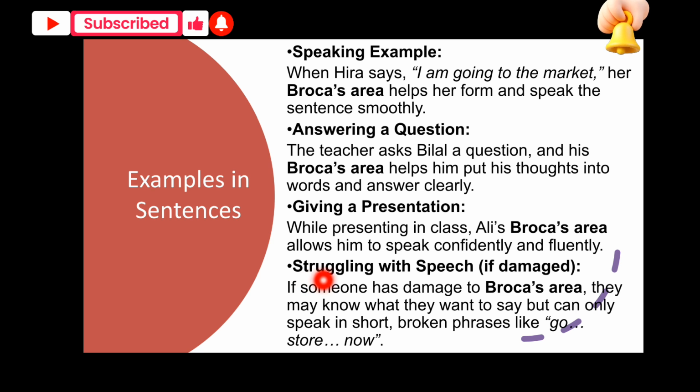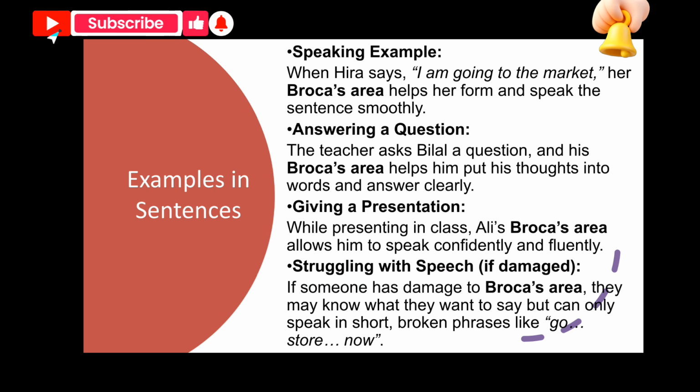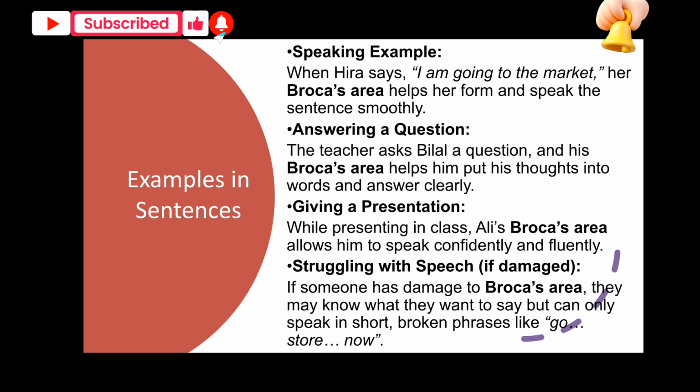If someone has damage to Broca's area, they may know what they want to say, but can only speak in short, broken phrases like "go, stow, now." They may know the sentences, they may know the language, as we mentioned here.